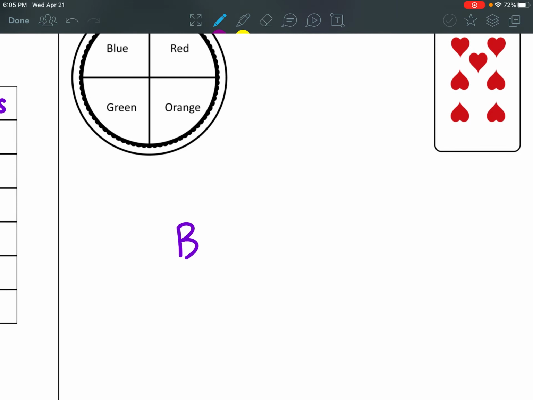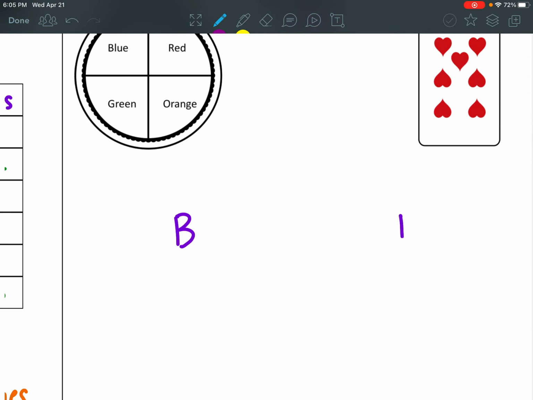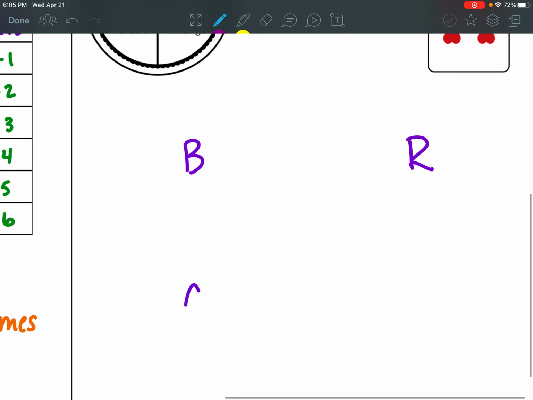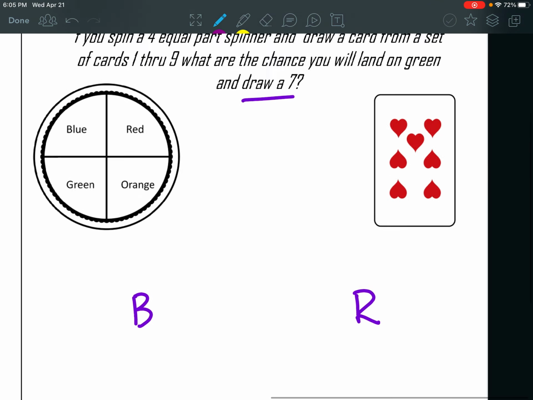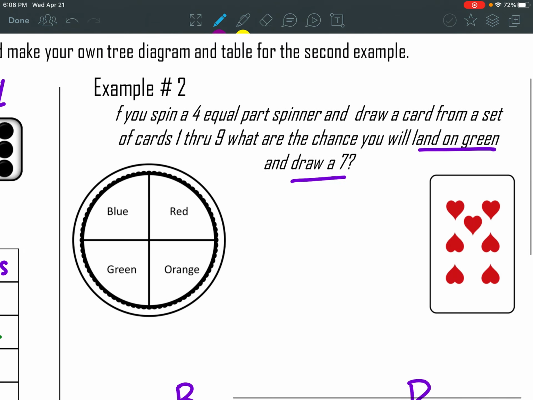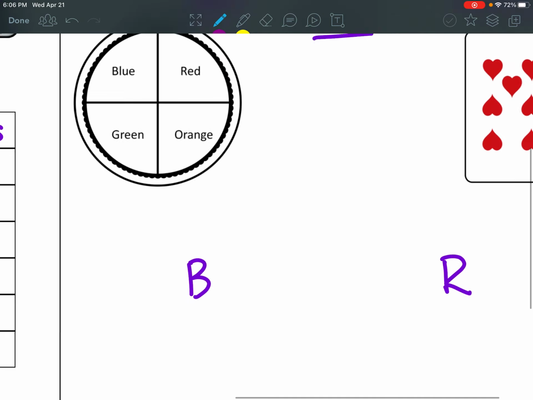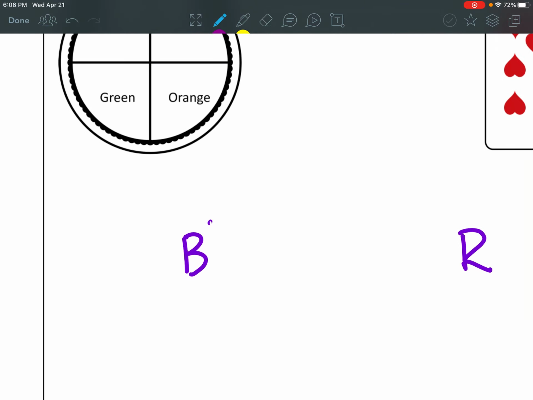So we have the spinner options: blue, red, green, and orange. And I'm leaving myself space because I know that the cards are numbered 1 through 9. So I know that if we spin a blue, we could then pick a card numbered 1, 2, 3, 4, 5, 6, 7, 8, 9.